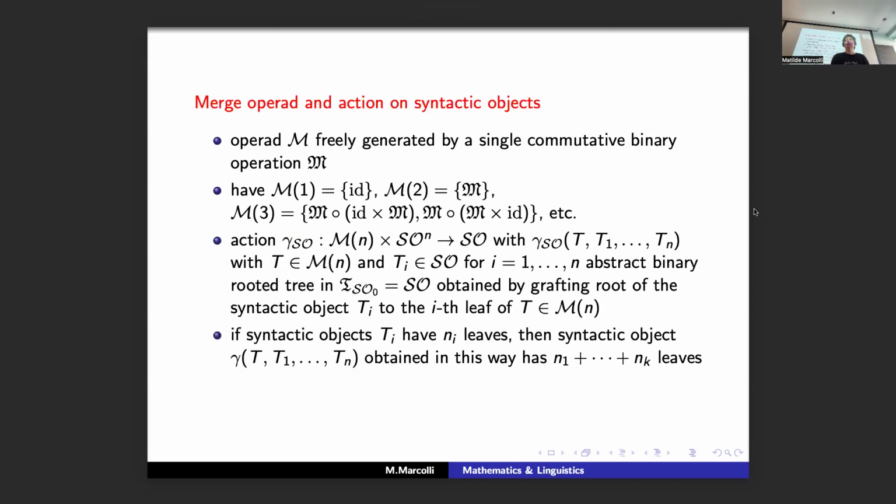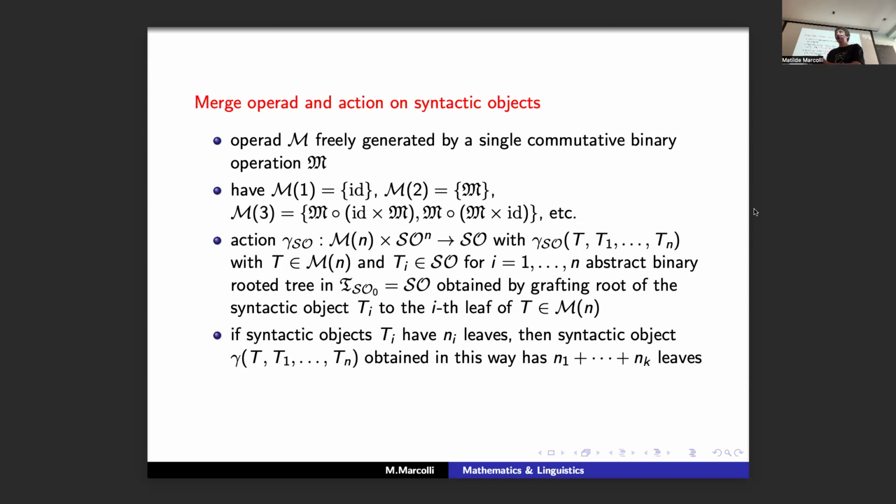Okay, so coming back to our setting, how can one see this kind of structure? We were discussing that syntactic objects are binary rooted trees where the leaves are decorated by lexical items with their syntactic features. But there is also an operad that is freely generated by a single commutative binary operation.